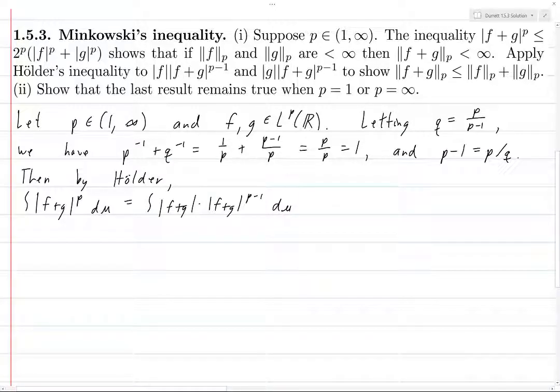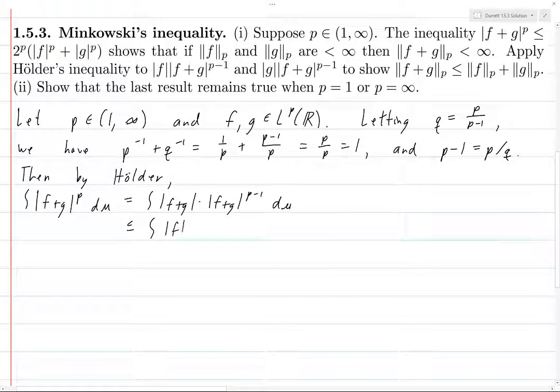So the norm of f plus g is less than or equal to the norm of f plus the norm of g. We can break this up into two integrals, and so we get the integral of |f| times |f plus g|^(p minus 1) d mu plus the integral of |g| times |f plus g|^(p minus 1) d mu.